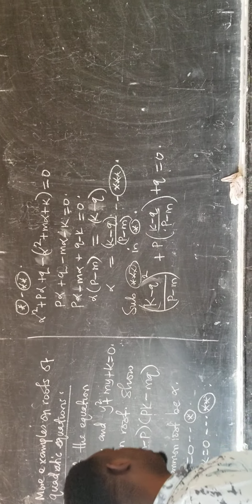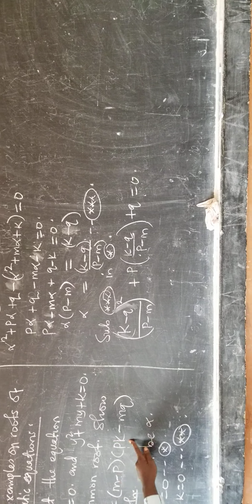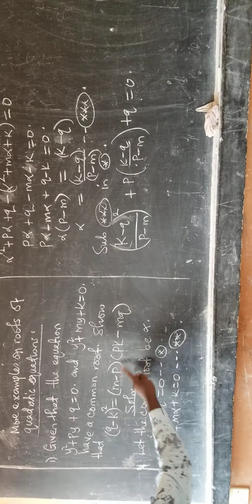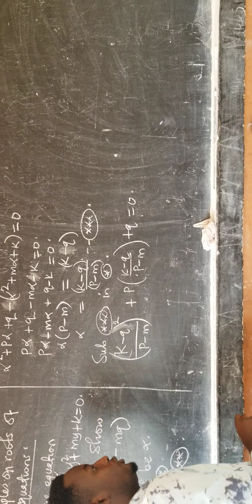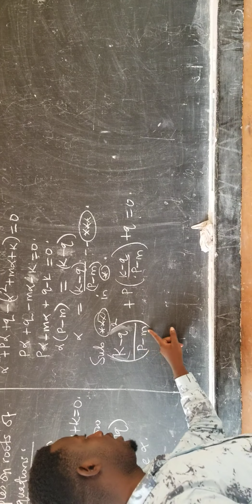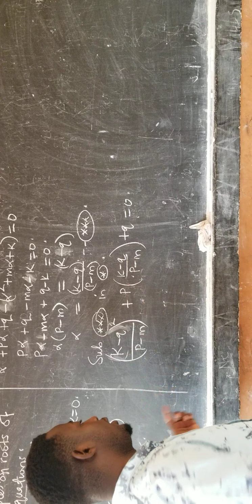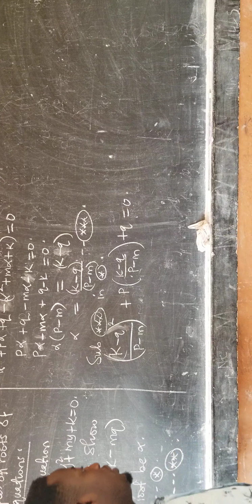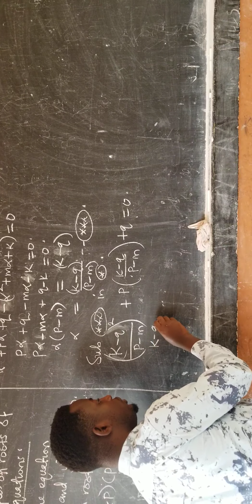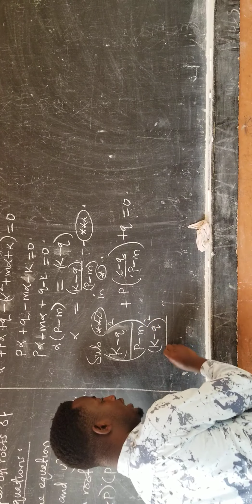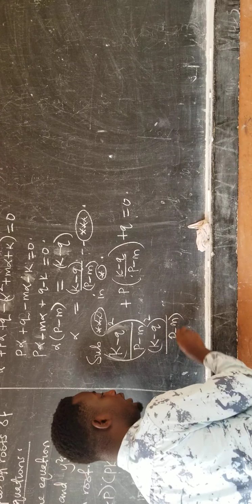When you are proving, keep on referring to where you are going. So in that case, I can try to eliminate the denominator, because in our proof there is no denominator. So k minus q squared out of p minus m squared.